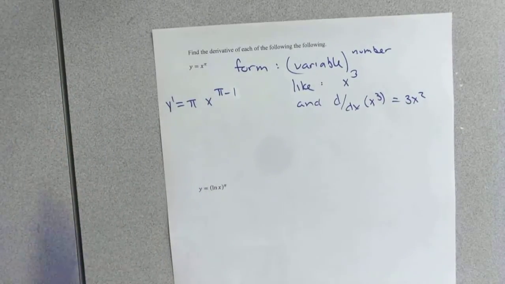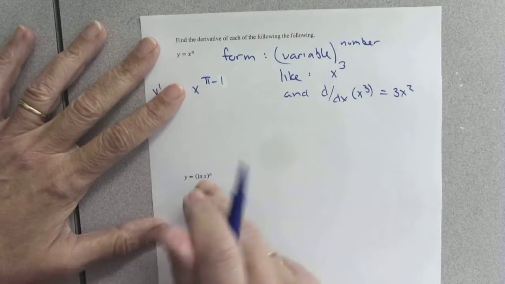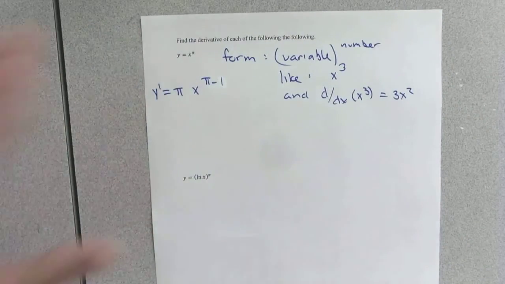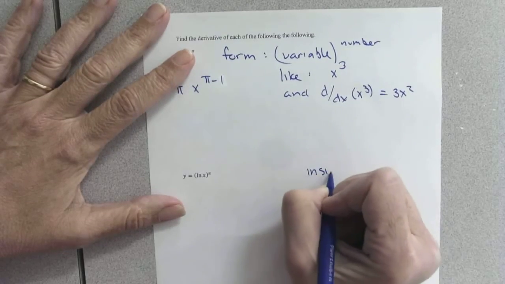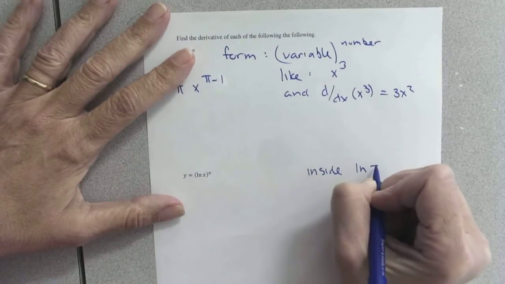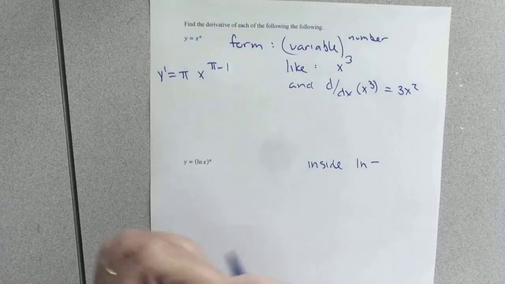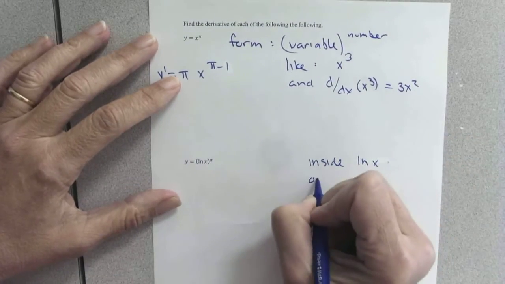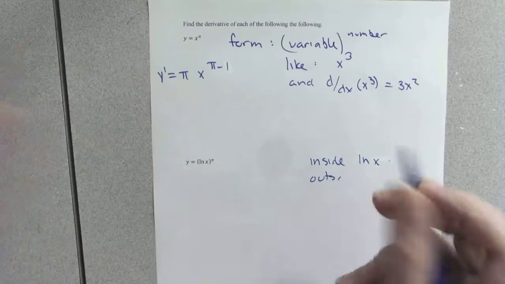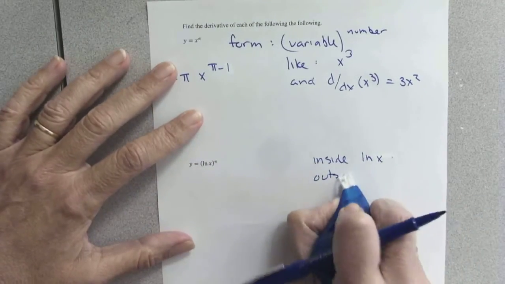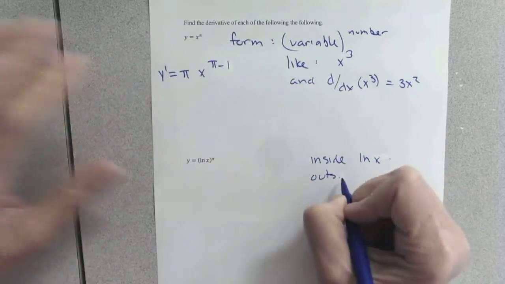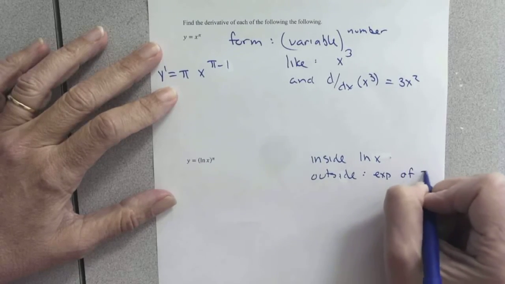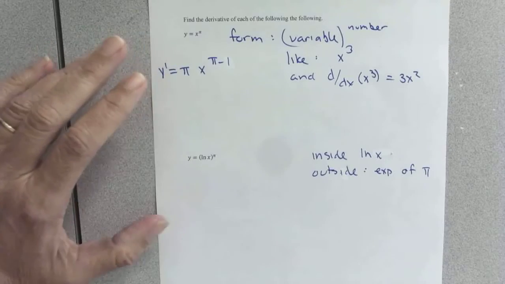And so really the same thing here. It's a variable to a number, and moreover than that, I've got an inside function of the natural log of x and an outside function of an exponent of pi.